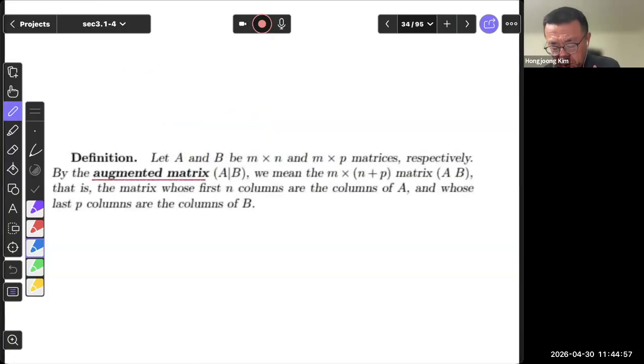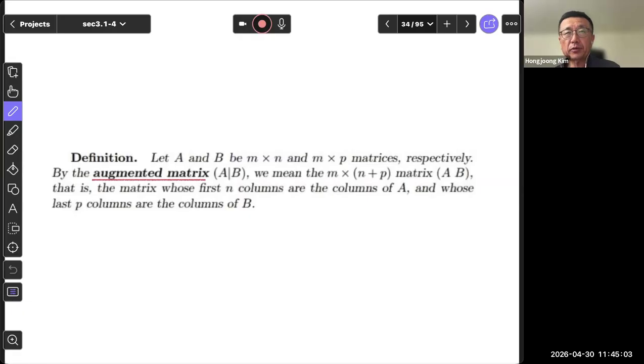Since I don't have sufficient time, let me just introduce the definition of the augmented matrix. If I have 2 matrices, an m by n matrix A and an m by p matrix B, so they have the same number of rows, then when I say the augmented matrix, I just combine these two.